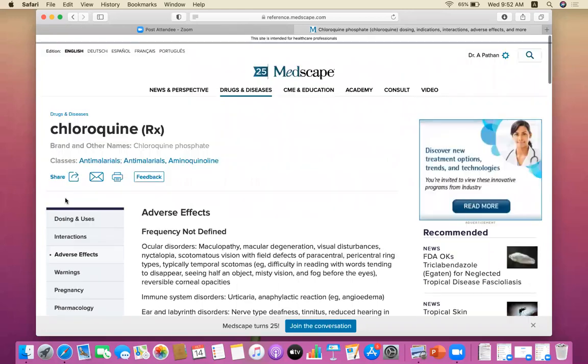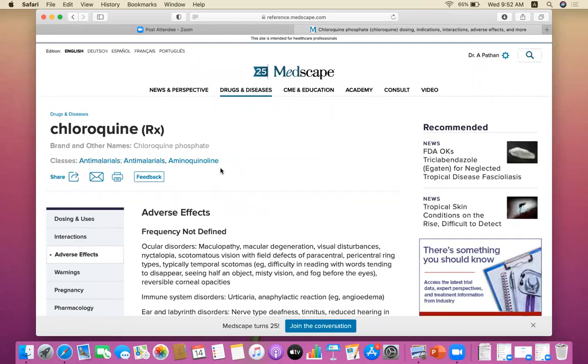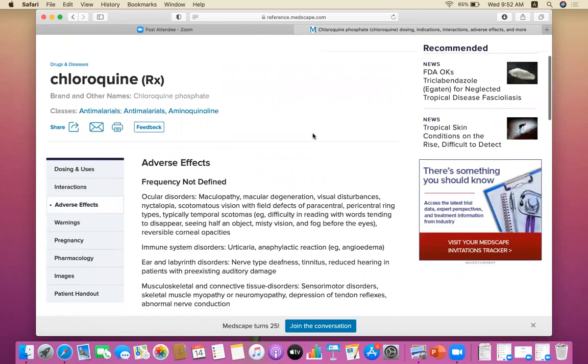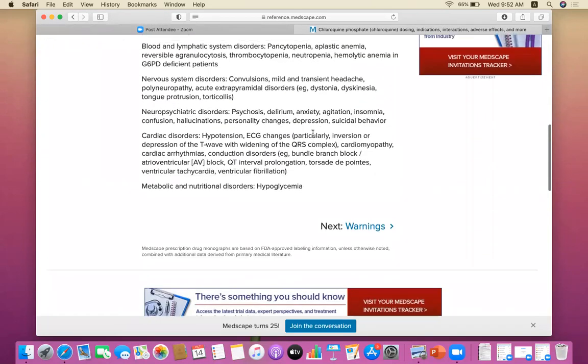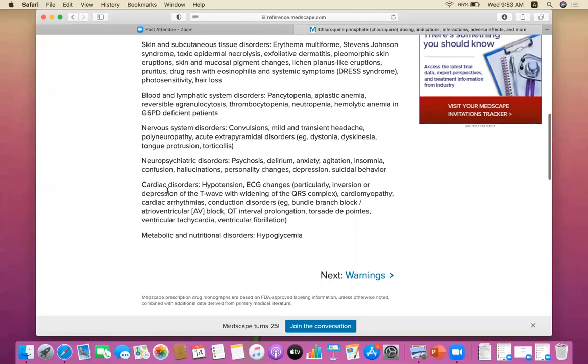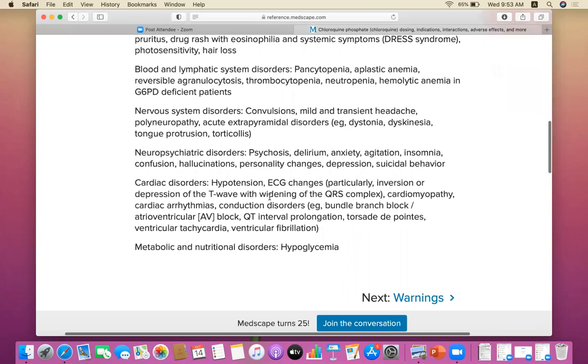Adverse effects: if you click on adverse effects on the left hand side corner, you will get these. If you see the cardiac disorders, you will see the most important ones. Hypotension, ECG changes, particularly inversion or depression of the T wave with widening of the QRS complex.